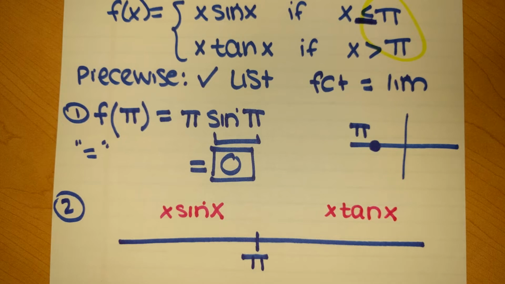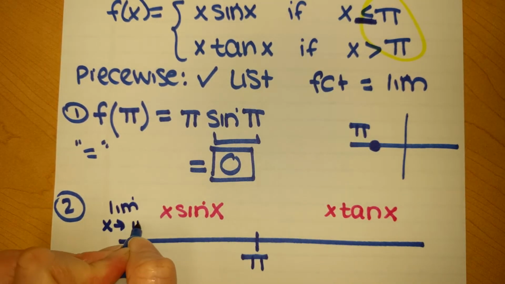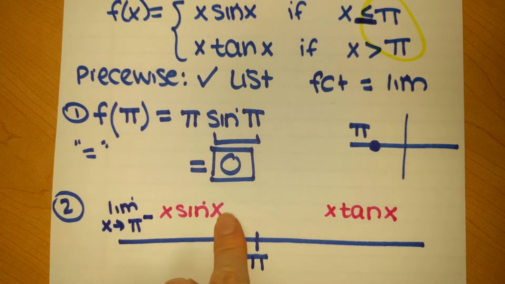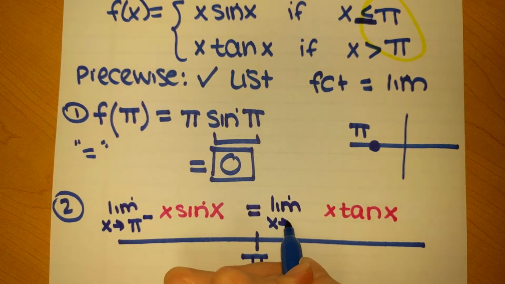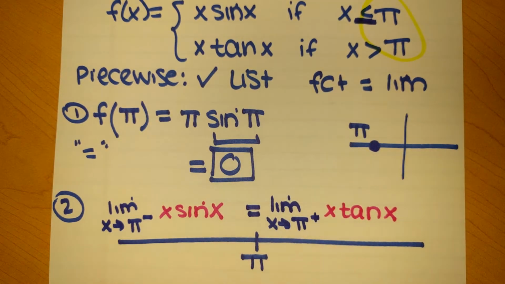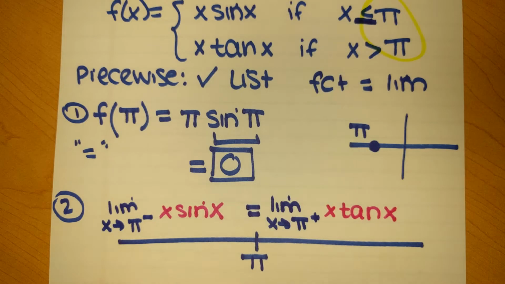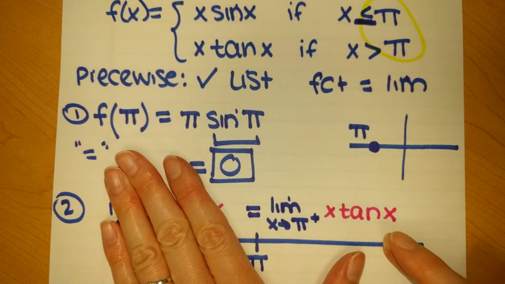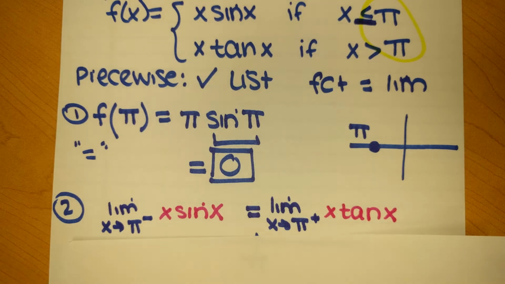Now, if this two-sided limit is going to exist, I am going to need that the one-sided limit as x goes to pi from the left is equal to the limit as x goes to pi from the right. And again, from the left, it will be defined by x sine x, and from the right, it's defined as x tangent x.